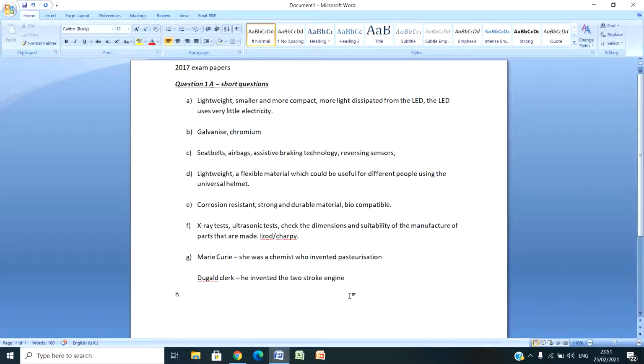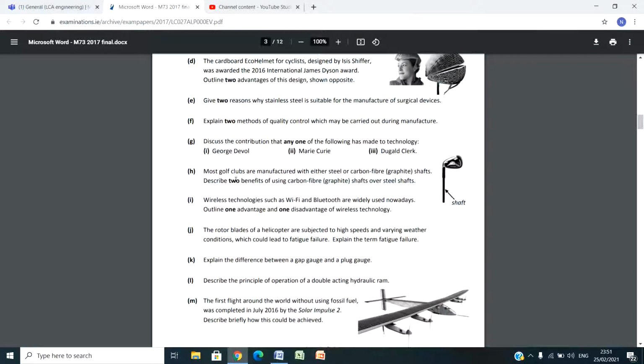Now let me see H. The next question. And H asks us, most golf clubs are manufactured with either steel or carbon fiber. Describe two benefits of using carbon fiber shafts over steel shafts.